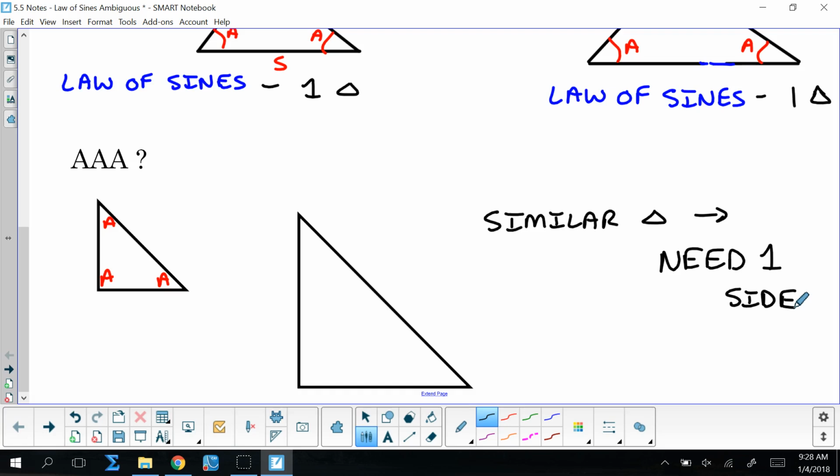Now, that's 5 of them. 4 of them produce a triangle. The fifth one produces a triangle, but it's not a locked triangle. It's an ambiguous, or I shouldn't even say ambiguous because that's a different word that we're going to use later on. It's a flexible triangle. So you might have it as a smaller one, I might have it as a bigger one. We all use the same angles, but it doesn't work out.